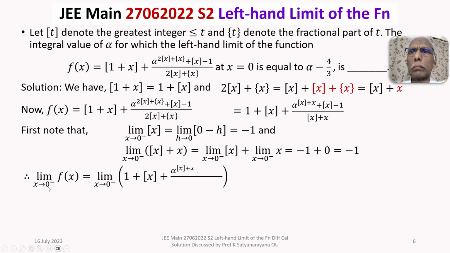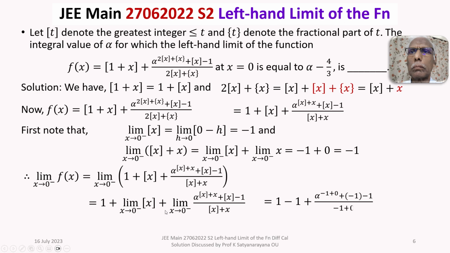The limit as x tends to 0 minus of f of x is equal to the limit as x tends to 0 minus of the function. The function is what we have seen here. Now the limit of the sum is equal to the sum of their limits, and it is equal to 1 plus the limit as x tends to 0 minus of bracket x, which is minus 1. So it is 1 minus 1.